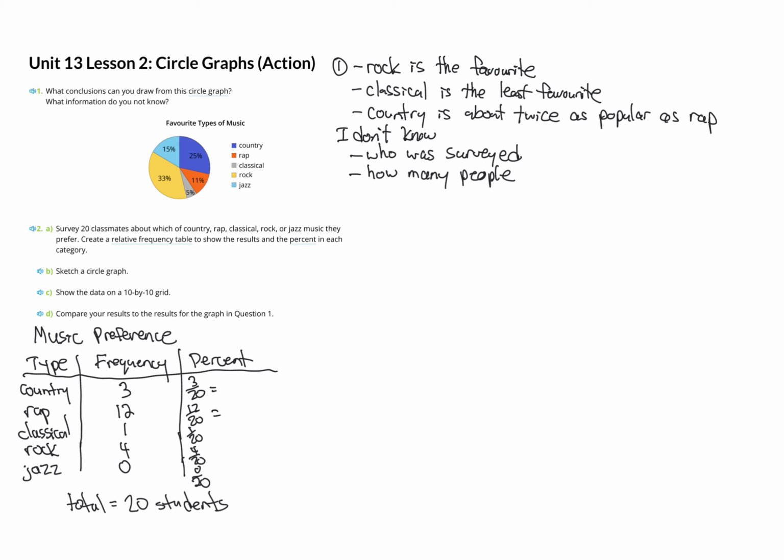We can load those into our calculator, doing 3 divided by 20, and each of those will give us a percentage. For country, that's 15%. Rap is 60%. That's a strong majority in our fictional poll. Classical is 5%. Rock is 20%. And jazz is 0%.